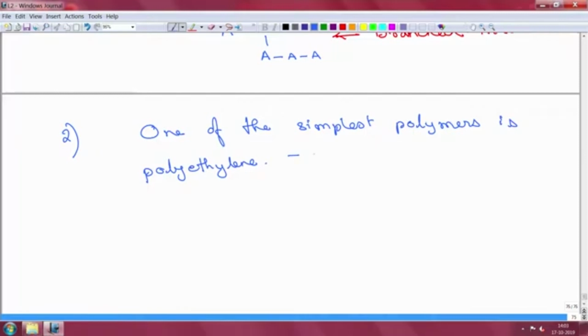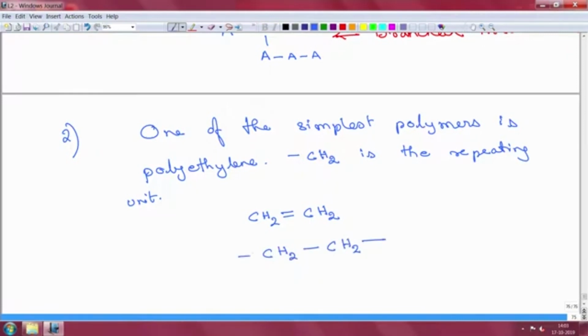And here your CH2 is the monomer, the repeating unit, and it is basically made using ethylene, through the polymerization of ethylene, and this becomes a repeating chain that just continues for some n, where this n is a very large integer, and this is how the polyethylene molecule is formed.